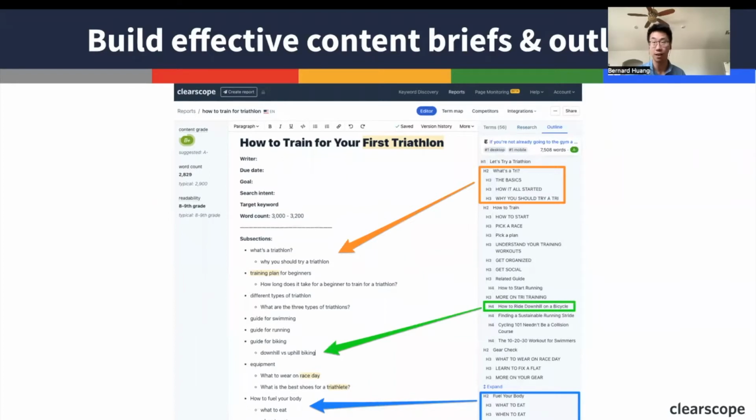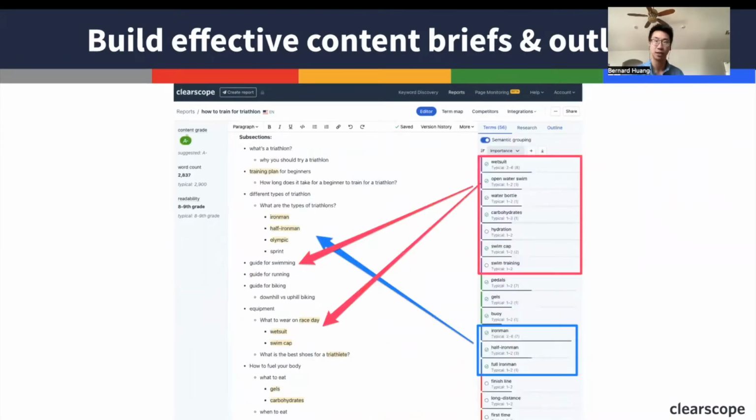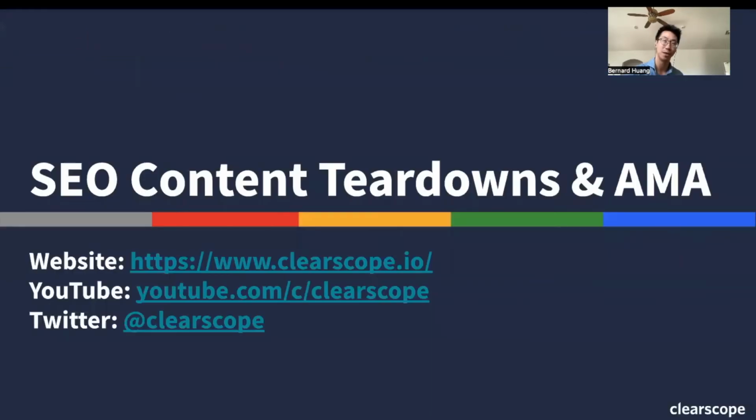And then the outline gives you additional ideas on how you should be thinking about your content structure. Again, this takes the content brief building time from maybe a few hours to less than an hour, and it's super effective because you have all of your data in one place, so you can use all of these to augment what you want to be writing about.